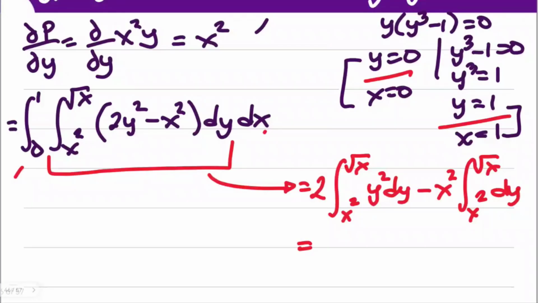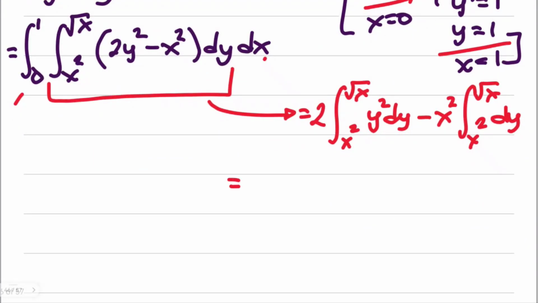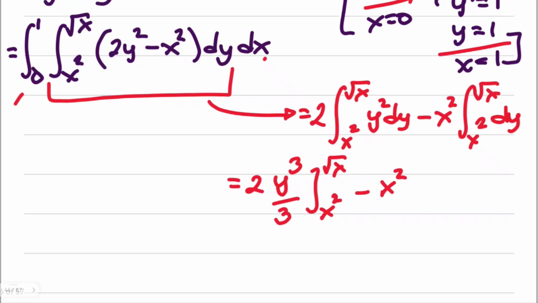This would be equivalent to, by the way, since this would have functions, so allow me to move here. That's actually 2, and then the integral of y squared is y cubed over 3 from x squared to square root of x, minus x squared, integral of dy is y, x squared to square root of x.